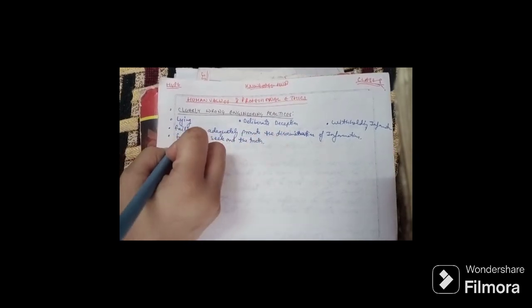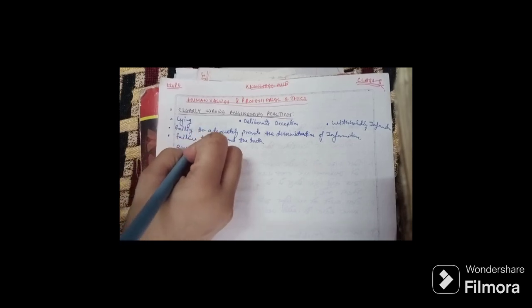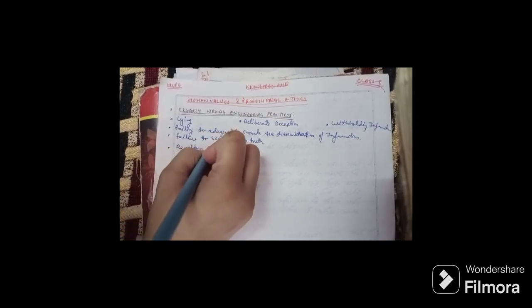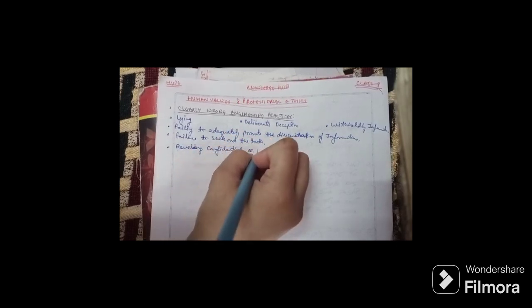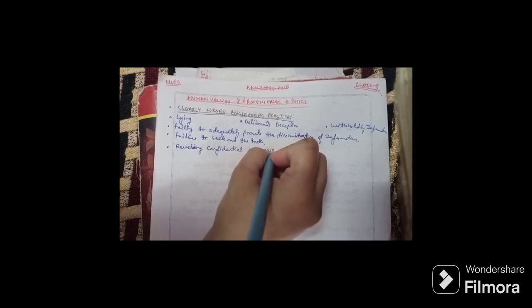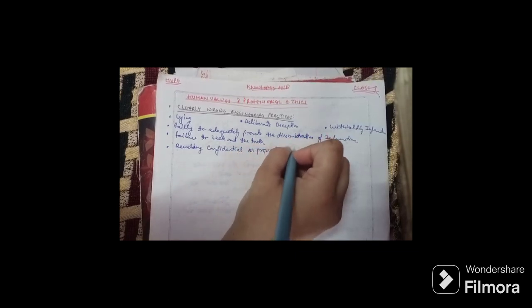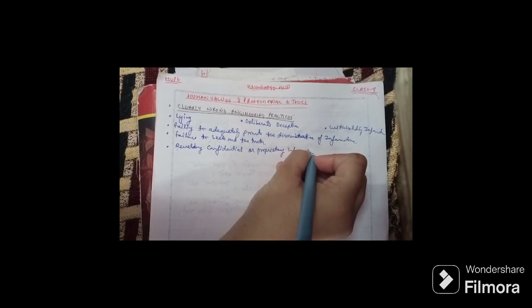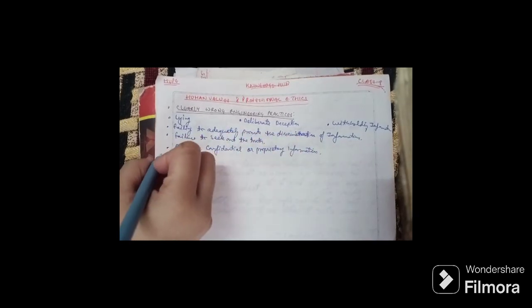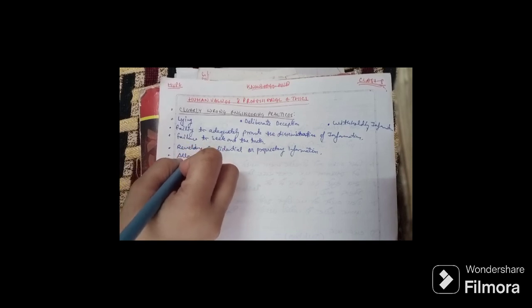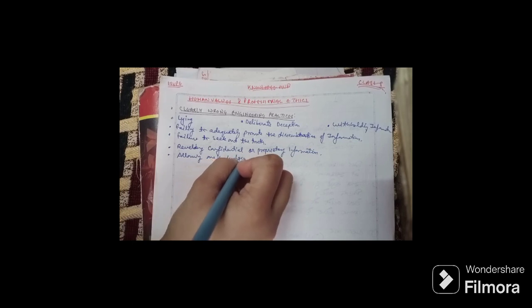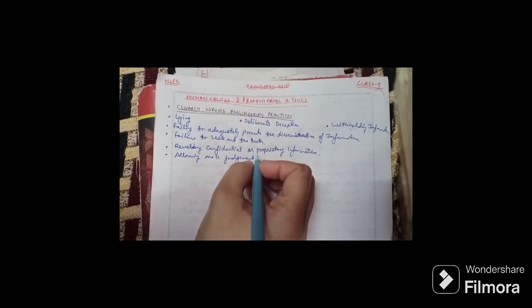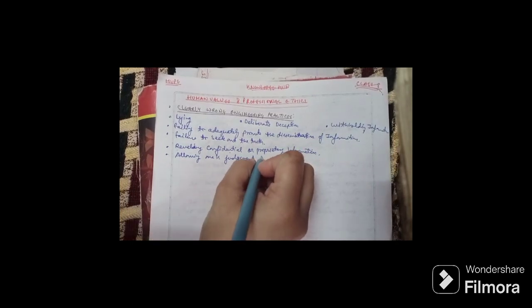Next is revealing confidential or proprietary information. Another is allowing one's judgment to be corrupted.